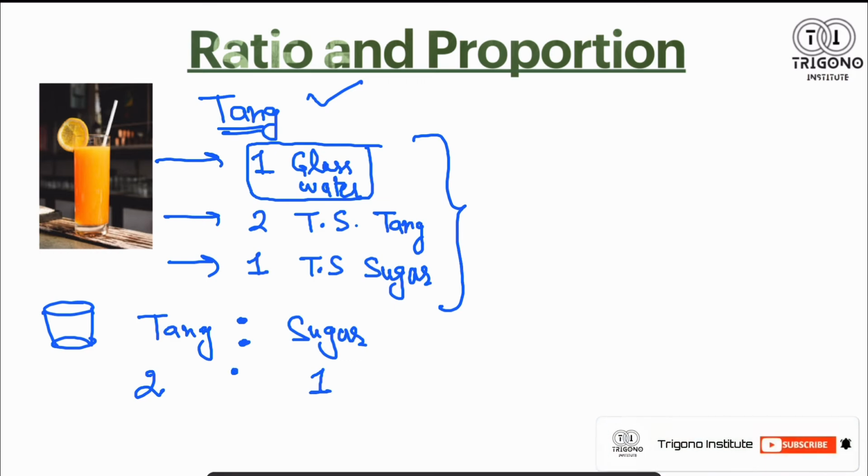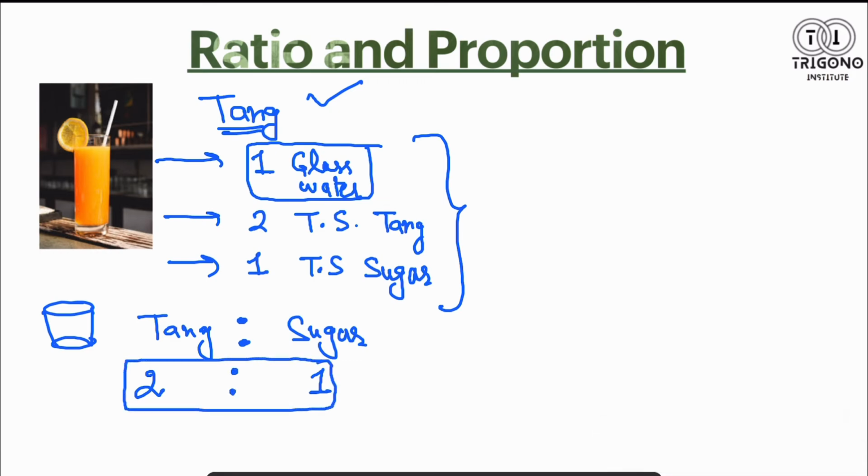If I put the ratio symbol here, what you understand from it? We are using Tang and sugar in a 2 ratio 1. For example, if I'm going to make Tang for 10 children, what is my ratio then?